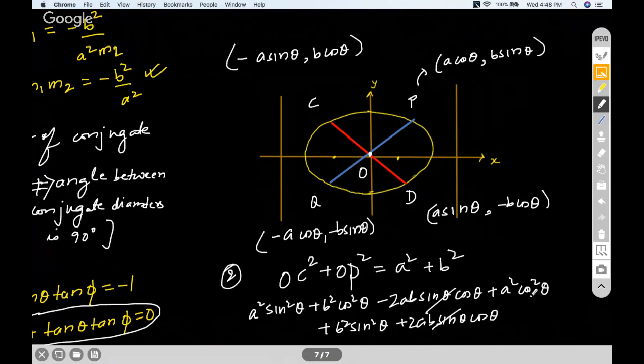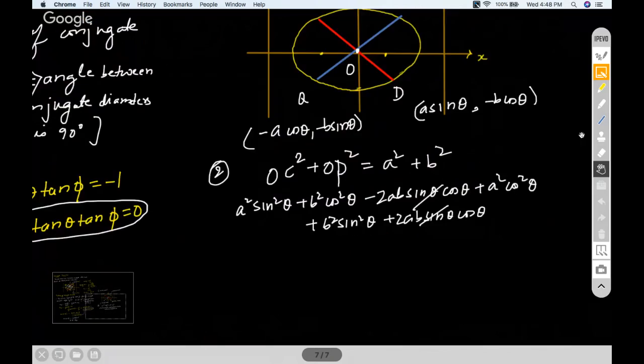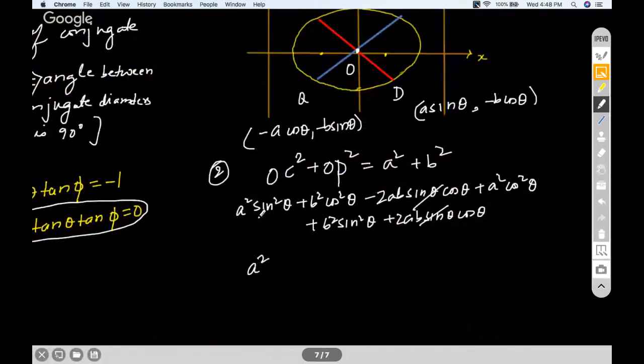These two terms get cancelled off and you'd be left with A square. So these two terms will give you A square and these two terms will give you B square, and hence proved. Is that fine, guys? Any questions? Please feel free to ask me right now.